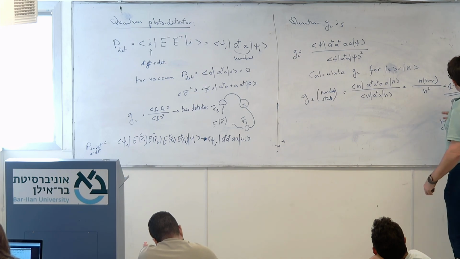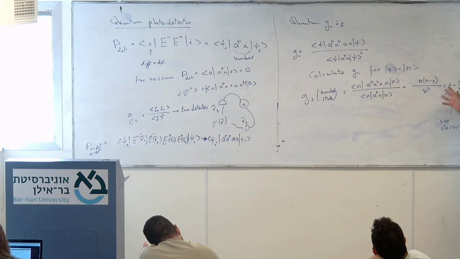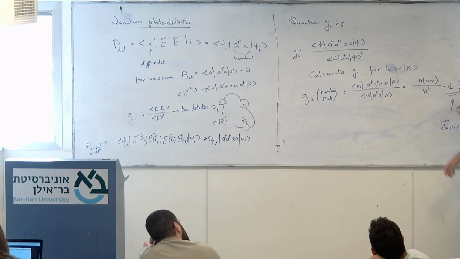Obviously, as n goes high, it's very hard to tell. For n equals 0, it's not interesting because no detector detects. But for one photon, the detectors will click. We don't know which, but they will never click together, and indeed, quantum G2 is 0.